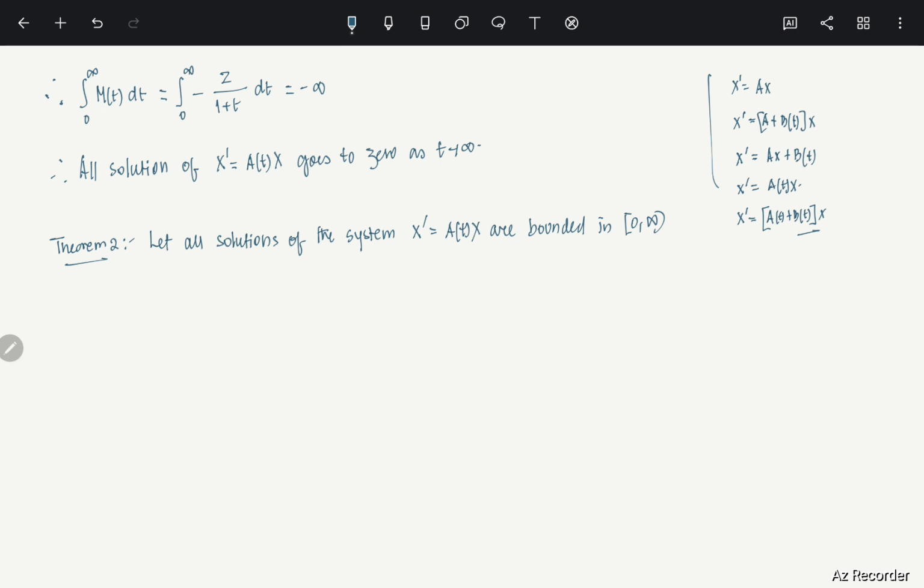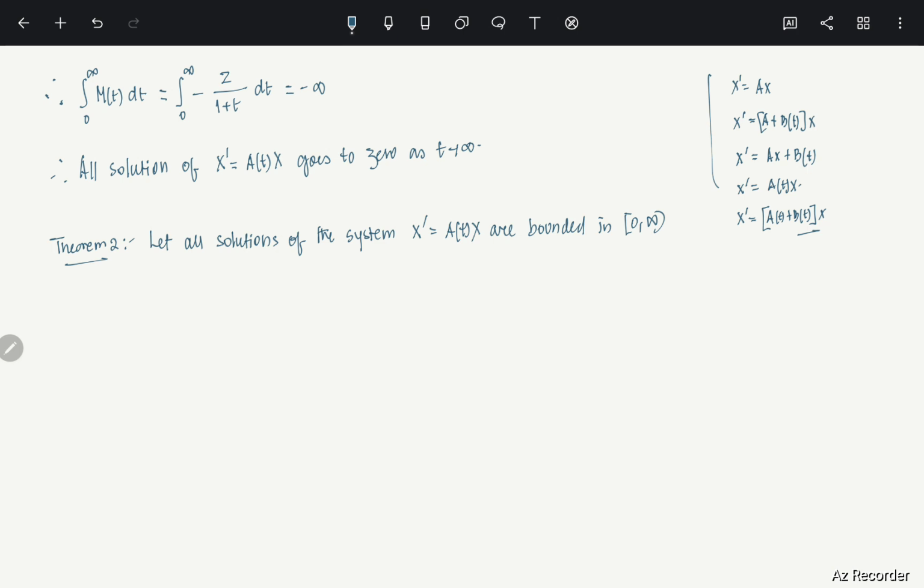In the first part we have seen when all solutions are bounded: when the integral of m(t) dt is finite. That's what we have seen. So this is the assumption.